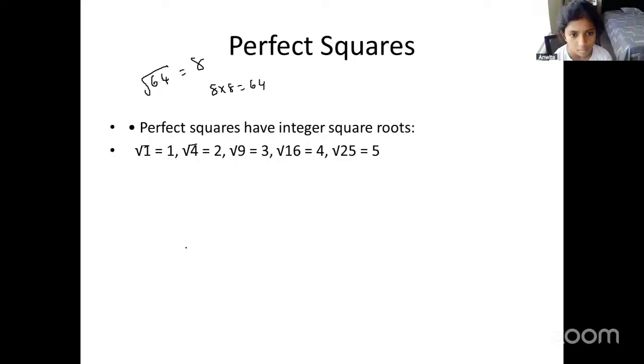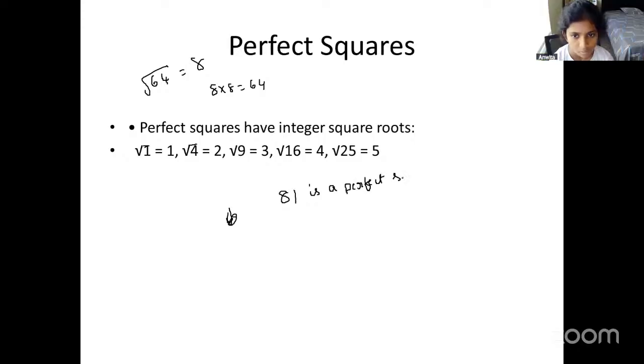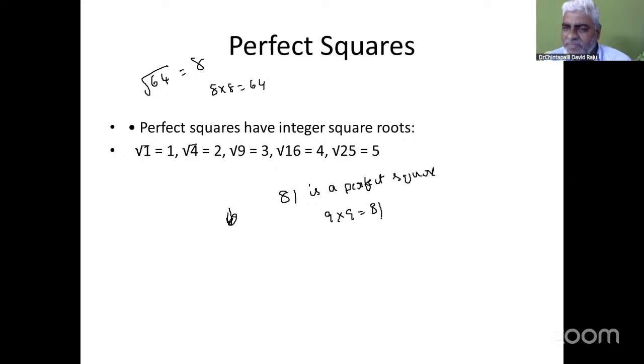Let me repeat again. For example, there is an integer whose square is equal to 81. That's why 81 is a perfect square. 9 into 9 is equal to 81.